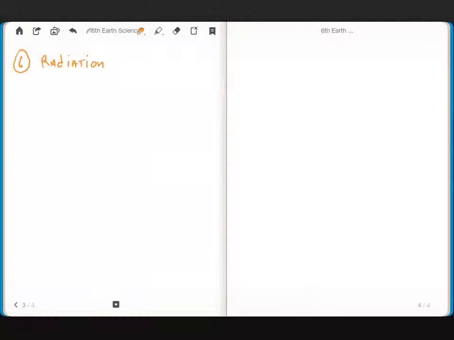So this radiation on the inside of the Earth, one of the properties or byproducts of radiation is that radiation gives off heat. Gives off heat. Okay.